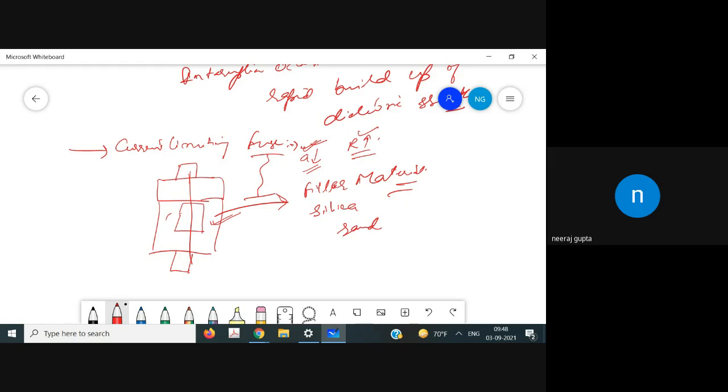So this is the main idea behind it, and this is how we can limit the current. No expulsion mechanism has been used in this case. Now this is about the current limiting fuse.